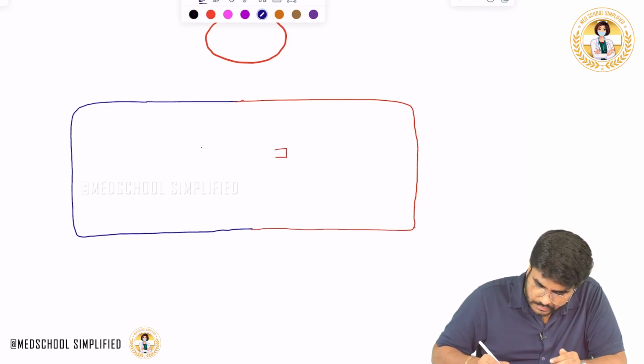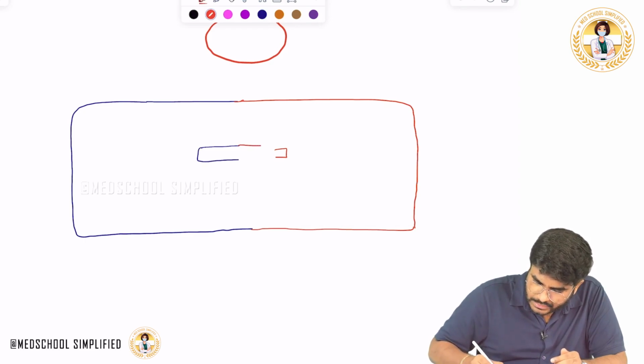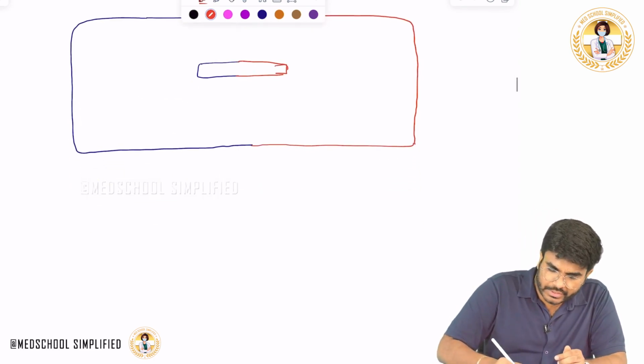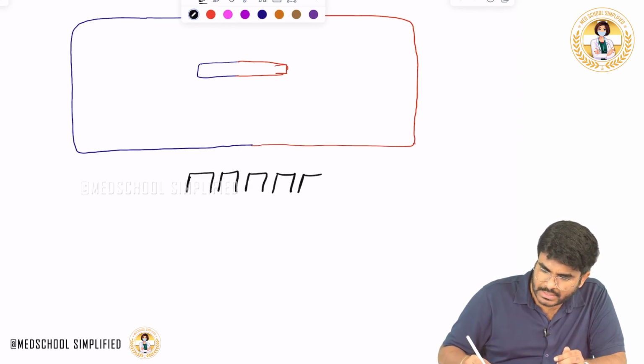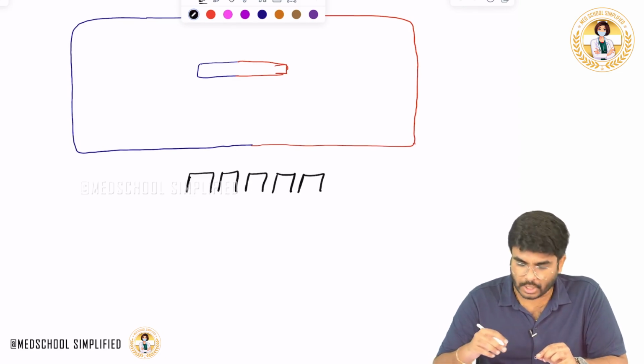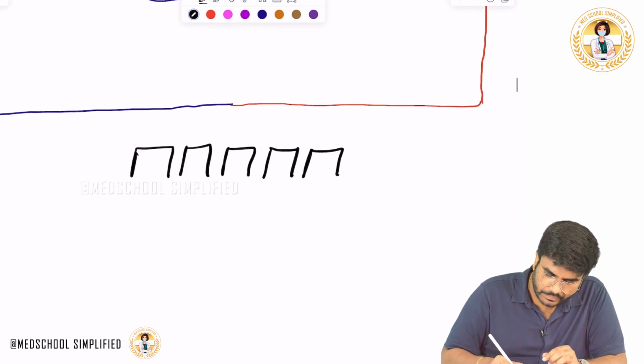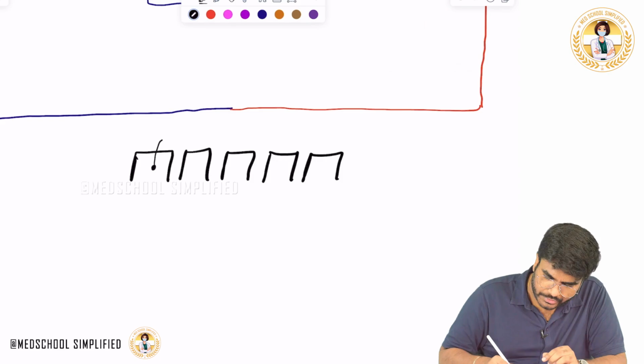So venous blood on one side, arterial blood on the other side. Here are your tissues. Your tissues take oxygen and what do they produce? Carbon dioxide. So your tissues are producing carbon dioxide.